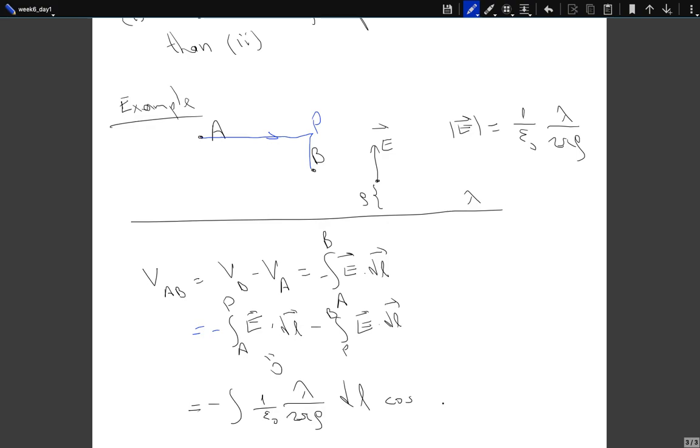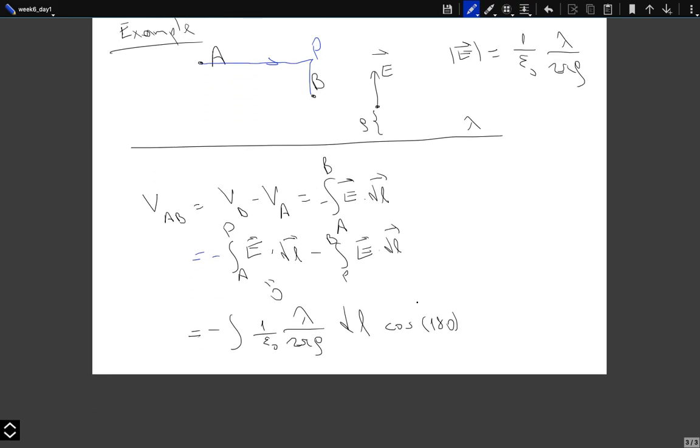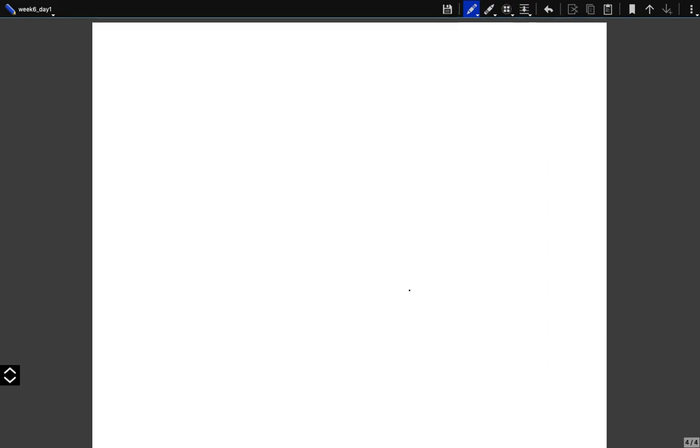What is the direction of E relative to dl? What is the angle between the two? 180. Cosine of 180 is minus 1. This is just minus 1.